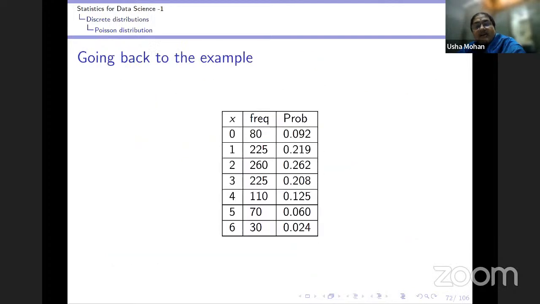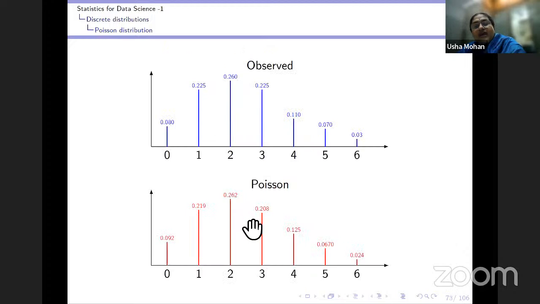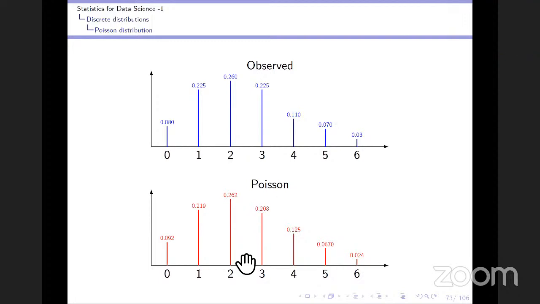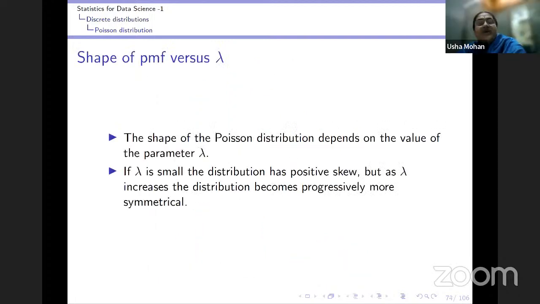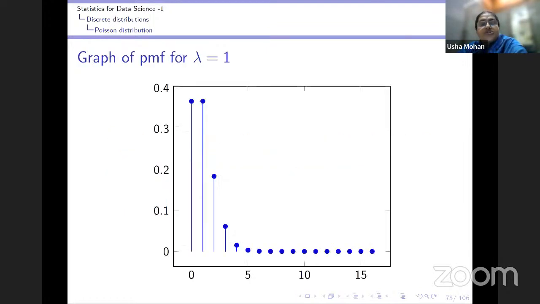You can see that the observed and the modeled Poisson PMFs are the same. Can you see that? Yeah. So whenever I'm interested in modeling the number of events in an interval of time or space, I model it as a Poisson distribution.